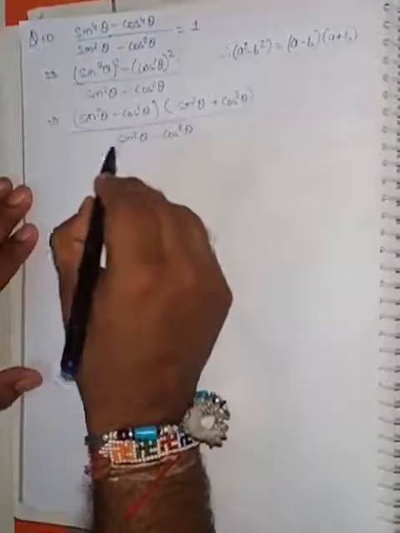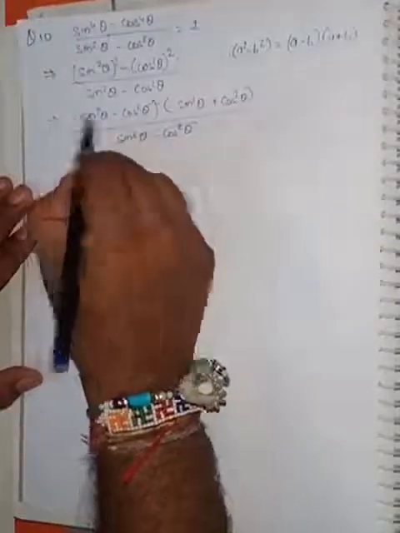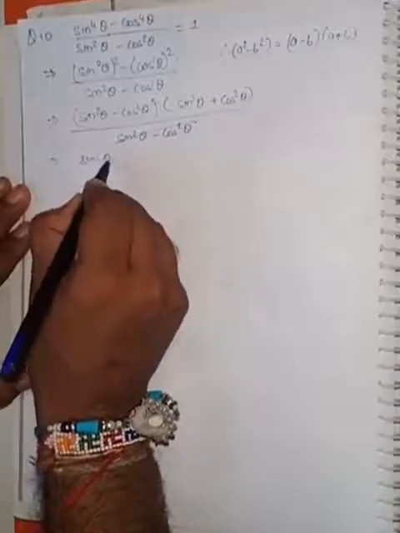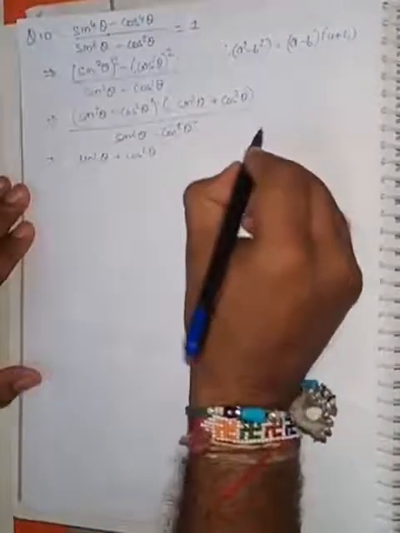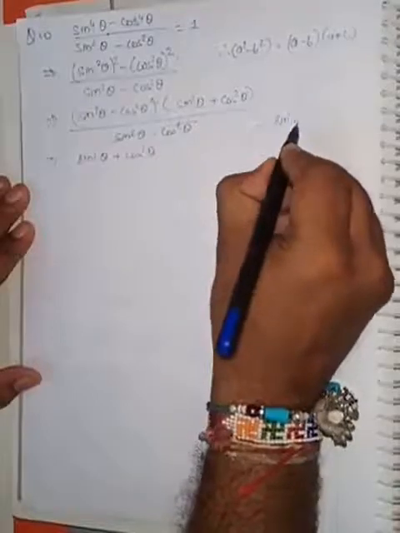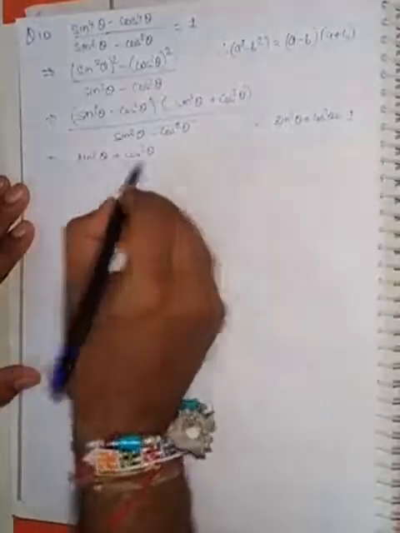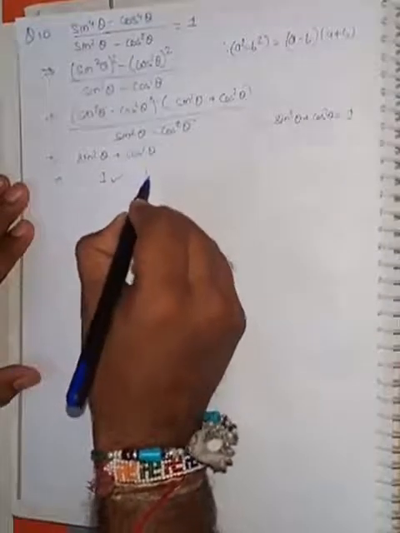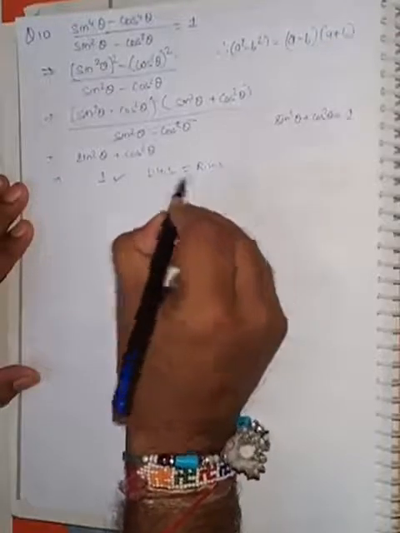We have the same value in the numerator and denominator, so it cancels. We remain with sine square theta plus cos square theta. As we know, sine square theta plus cos square theta equals 1. So the left hand side is equal to the right hand side.